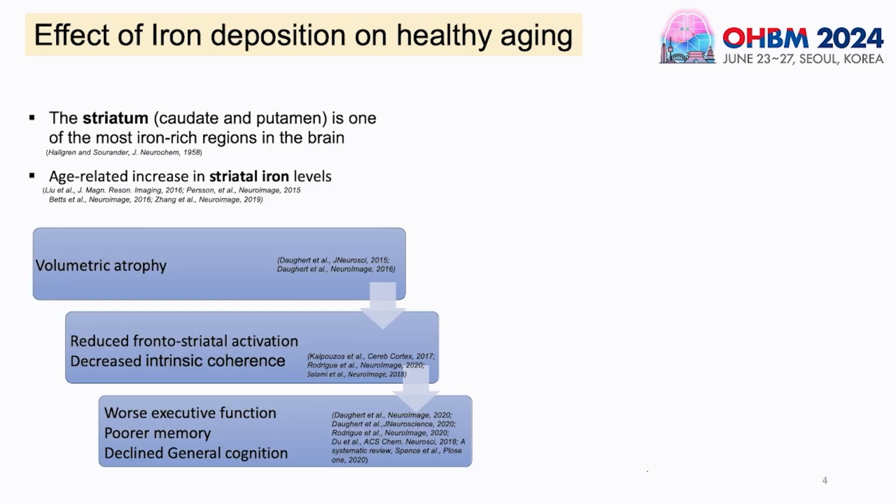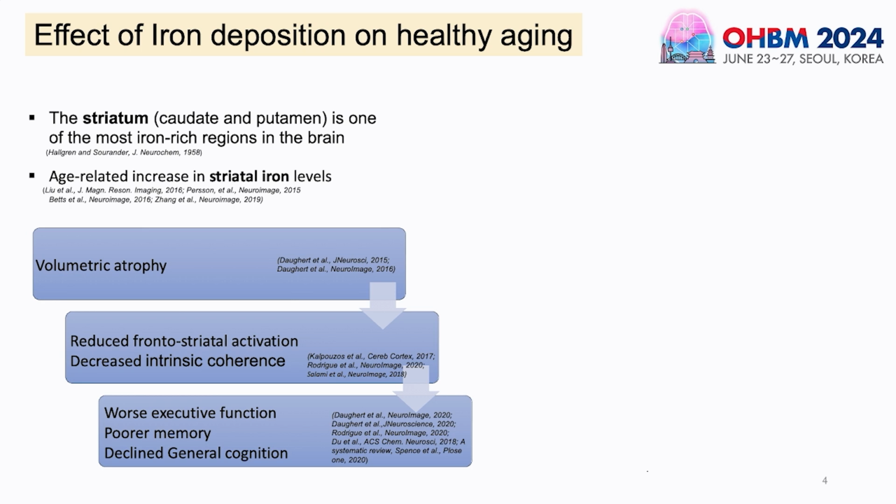Next, I would like to introduce how iron deposition affects healthy aging. The striatum, an important part of the basal ganglia, has been a focus of research in the past, and it includes the caudate and the putamen. It is one of the most iron-rich regions in the brain.